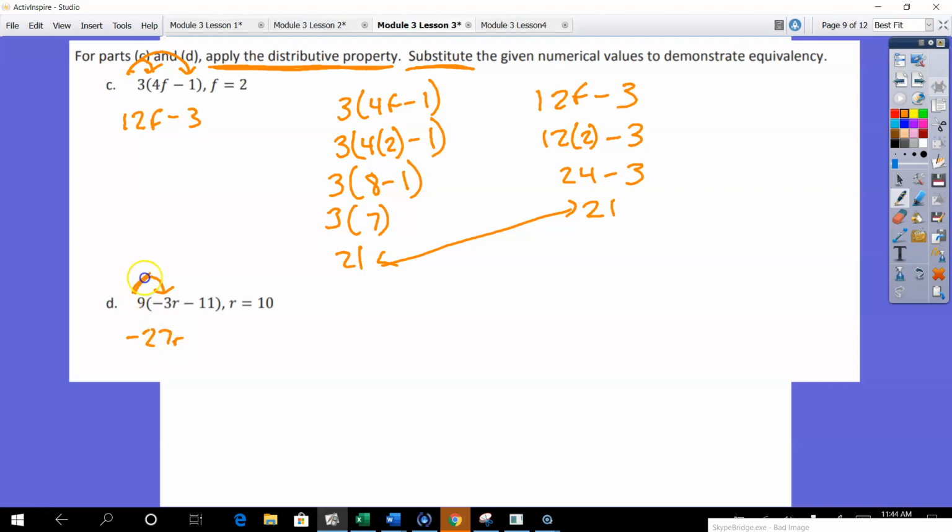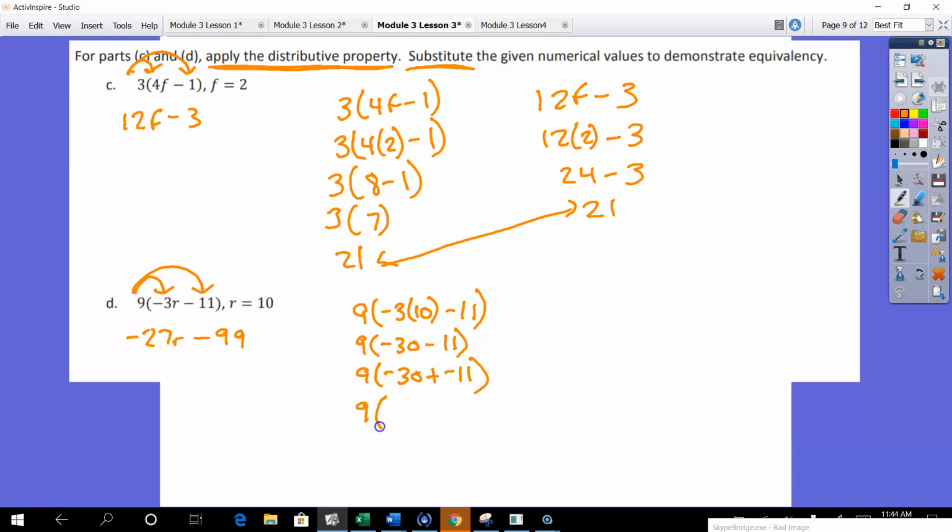And then finally, 9 times a negative 3r is a negative 27r. And 9 times minus 11 is taking away 99. Okay, so does it work? 9 times negative 3 times 10 minus 11. So 9 times negative 30 minus 11. 9 times negative 30 plus a negative 11.